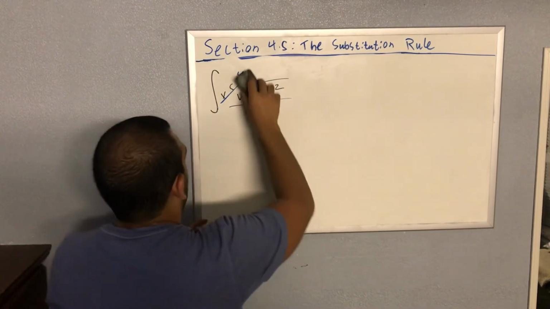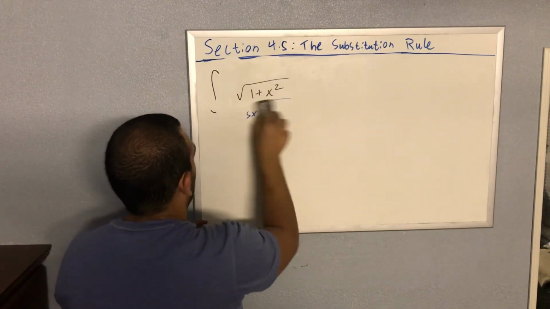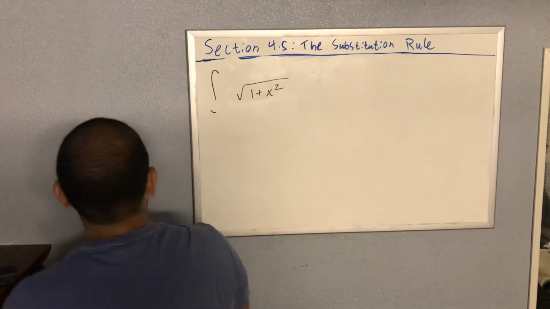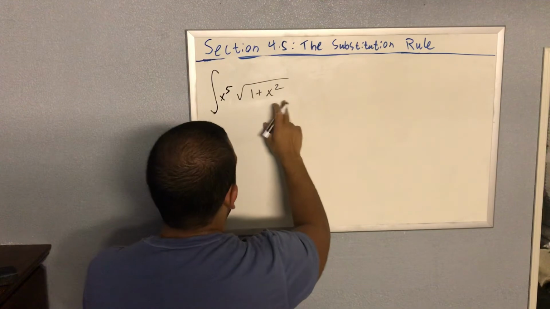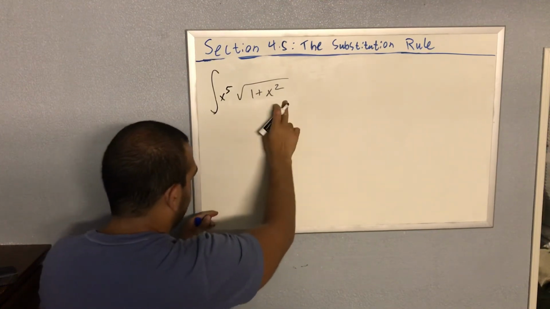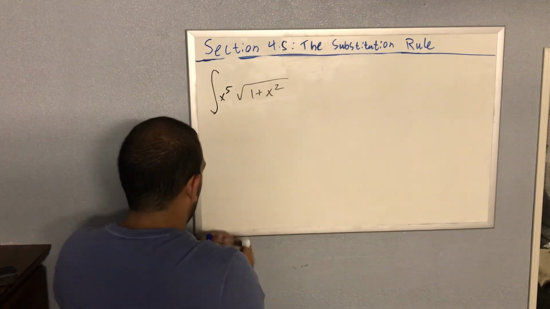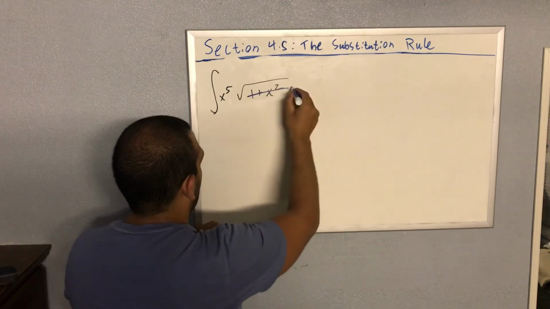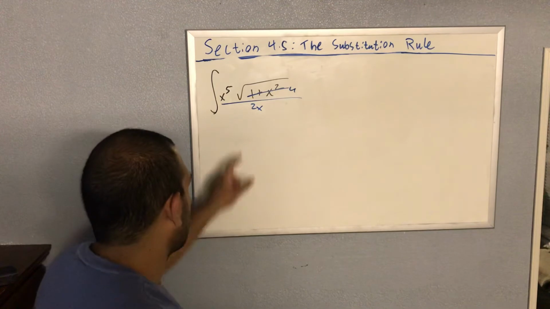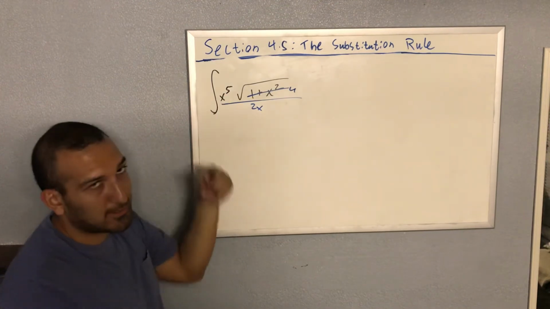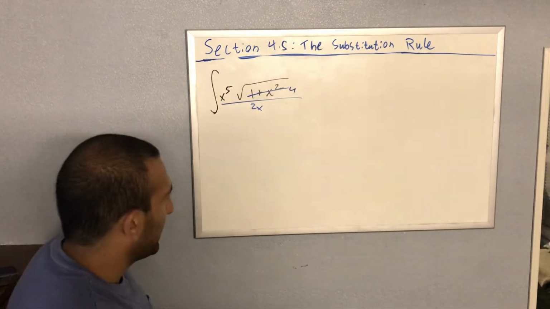On the other hand, if you make this x to the 5th again, the derivative of this is 2x. So if you let this whole thing go to u, and then you divide by 2x, that's going to knock off 1 power to make this x to the 4th, but it doesn't change much.